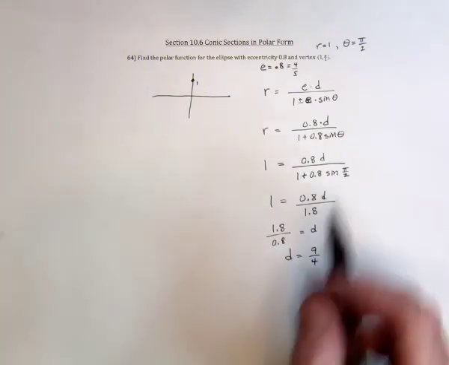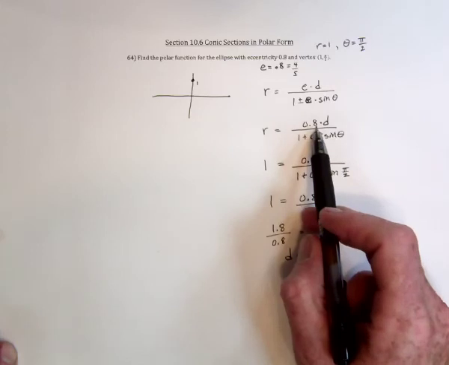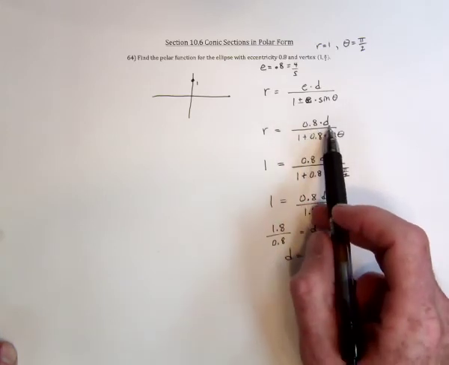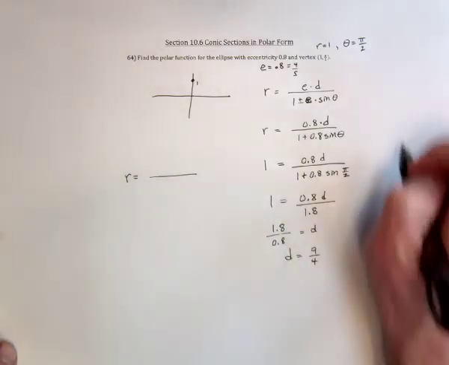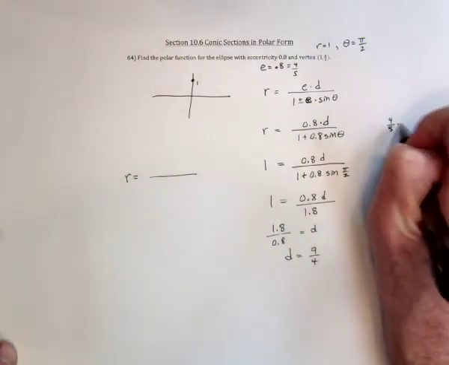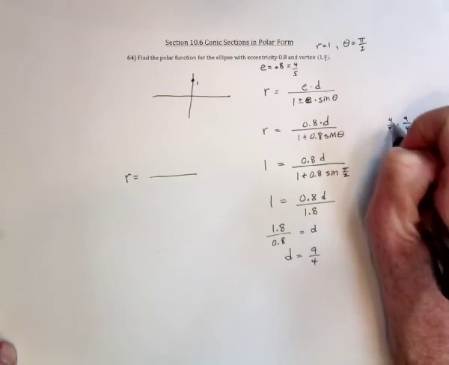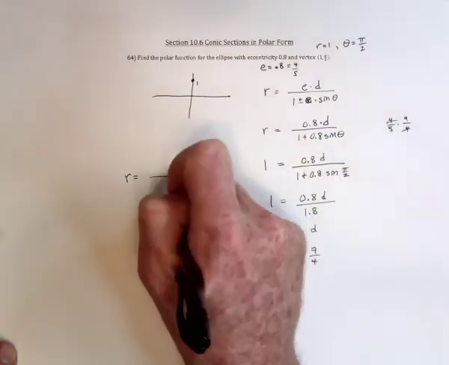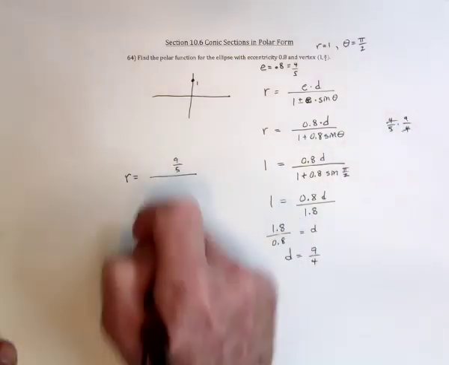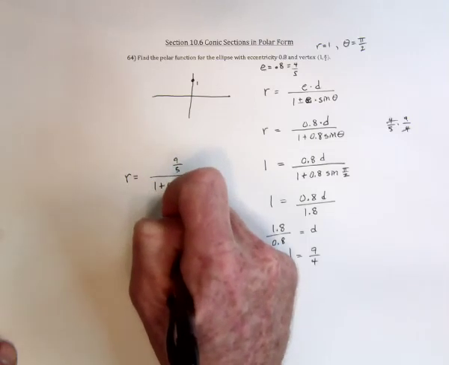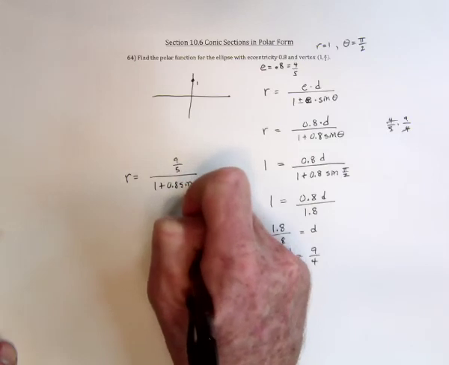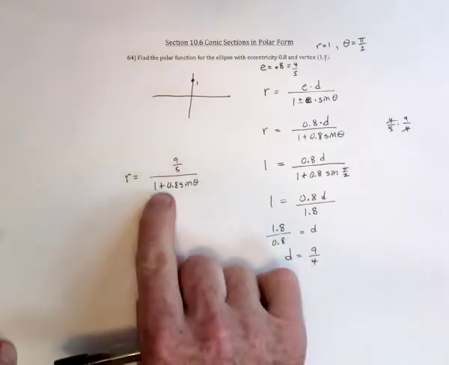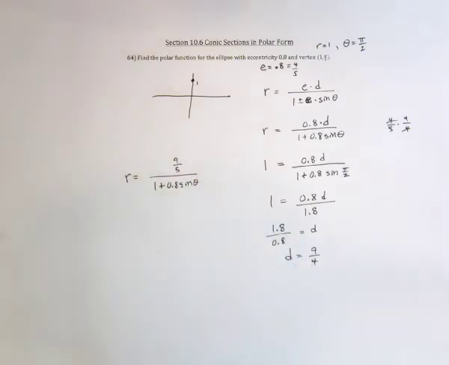Alright, so if we put that back here, this is going to be 4/5 times 9/4. So r is equal to 4/5 times 9/4, which is 9/5. And then 1 plus, now I don't remember, was that 1 plus or was it 1 minus?